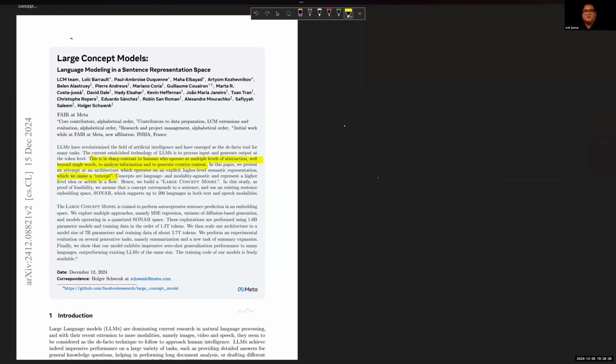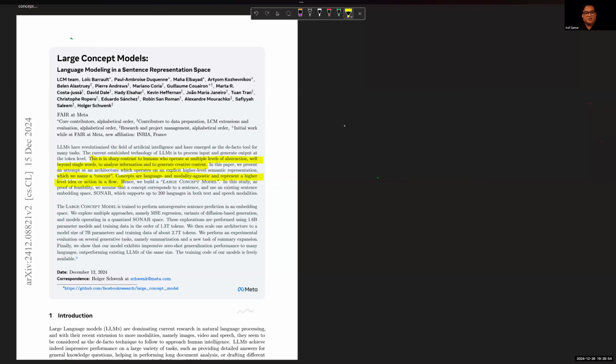Similarly, modalities don't matter, whether you write it out or whether you speak it out, whether it's audio or text, it nevertheless conveys the same concept. And therefore, they say that it operates as an explicit higher level semantic representation. Concepts are language and modality agnostic and represent a higher level idea or action in a flow. Right? So this is how they define a concept.